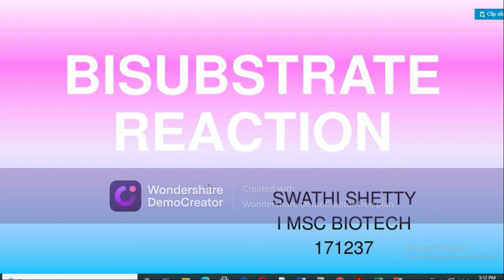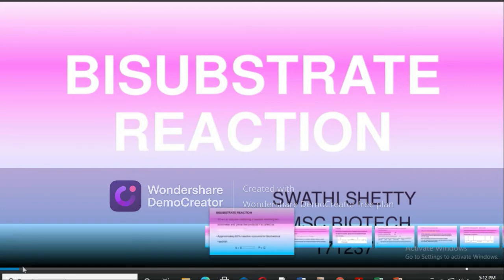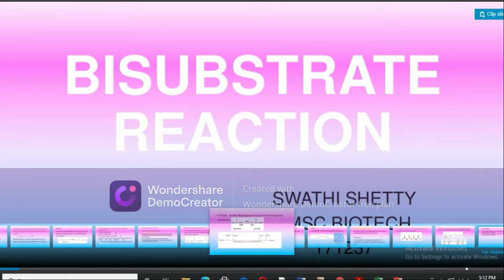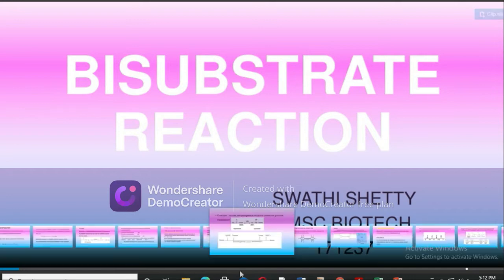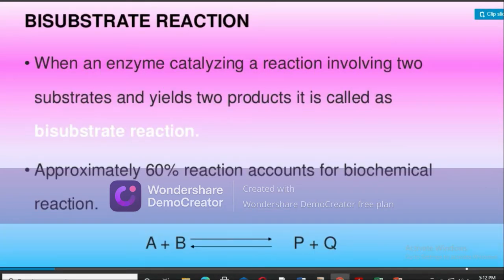From the word bi-substrate, it means that we are using two substrates to catalyze the reaction. A bi-substrate reaction is when an enzyme is catalyzing a reaction involving two substrates and yielding two products. So it is called a bi-substrate reaction.